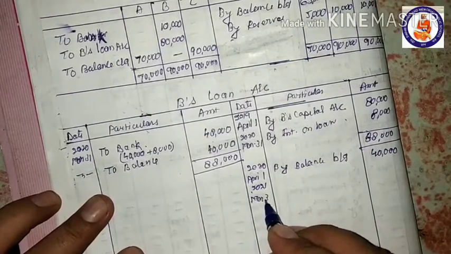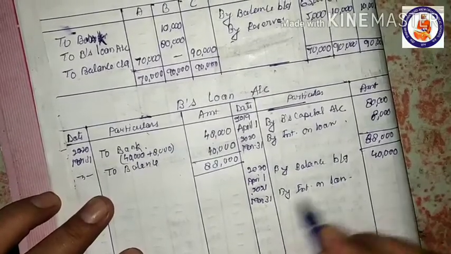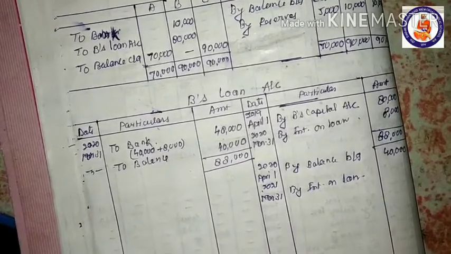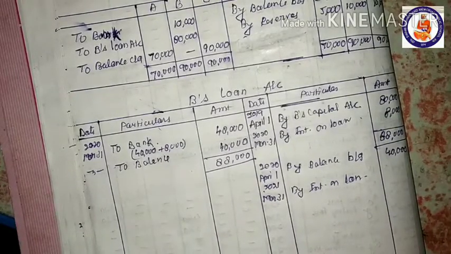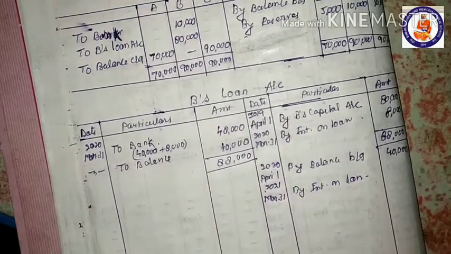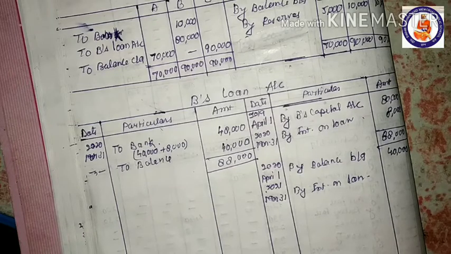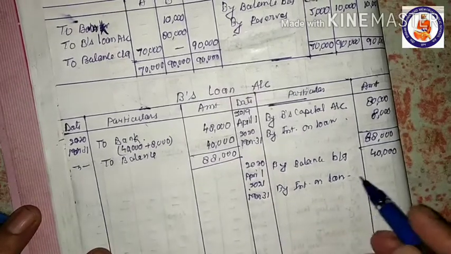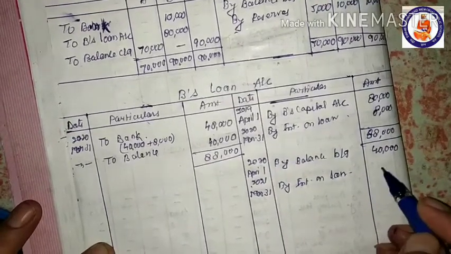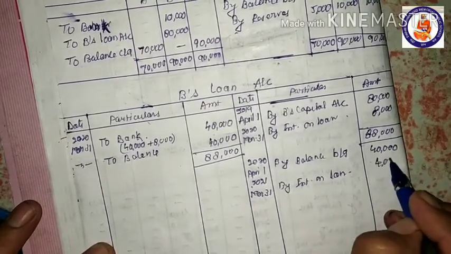By interest on loan on March 31st 2021, although this date has not come, we can take it for convenience, and we will not fall into the trap of whether the date has come or not. Interest on 40,000 for 1 year will be 4,000 rupees.